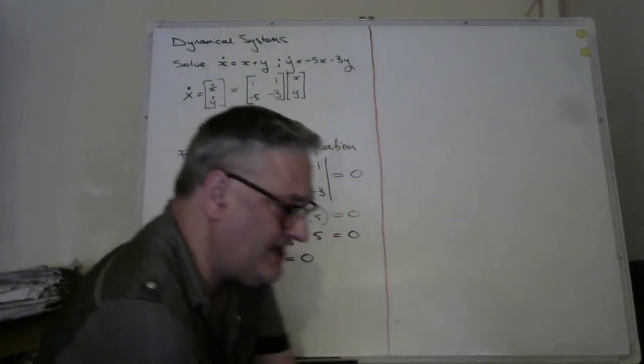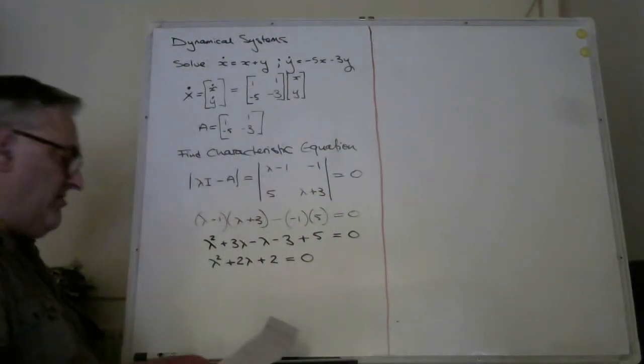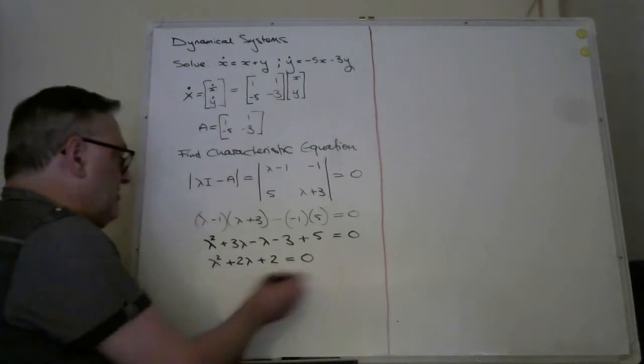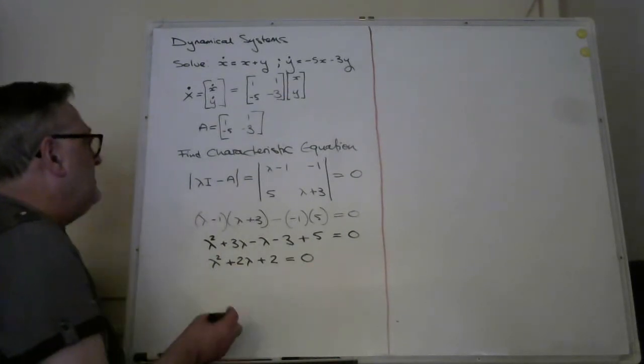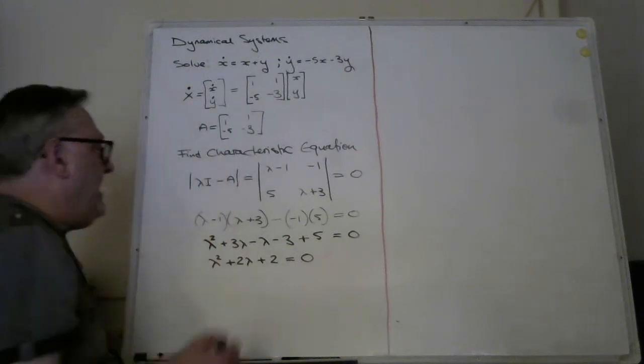Now the question is, can we factorise that quadratic equation? This is the characteristic equation for this matrix up here.